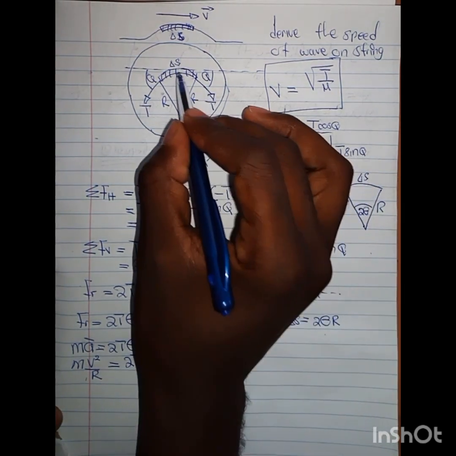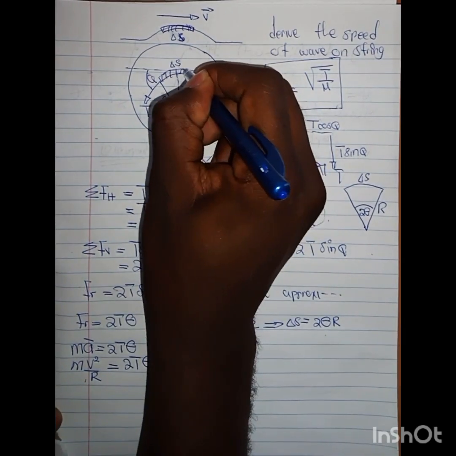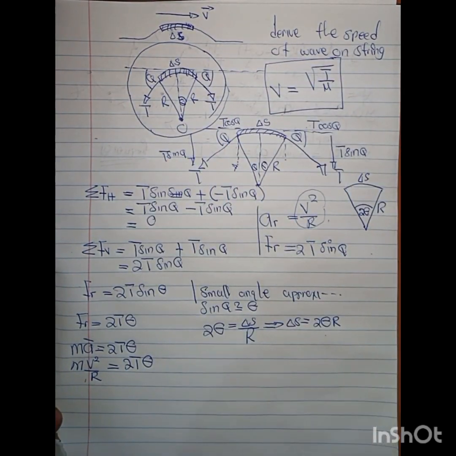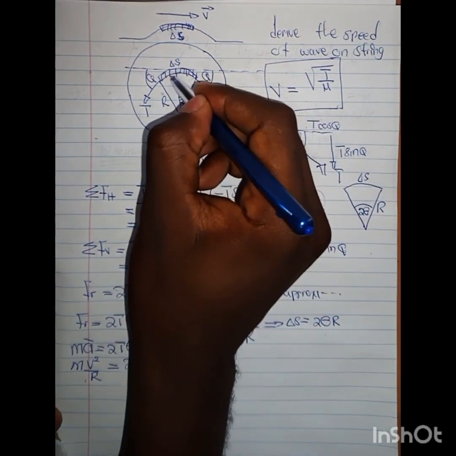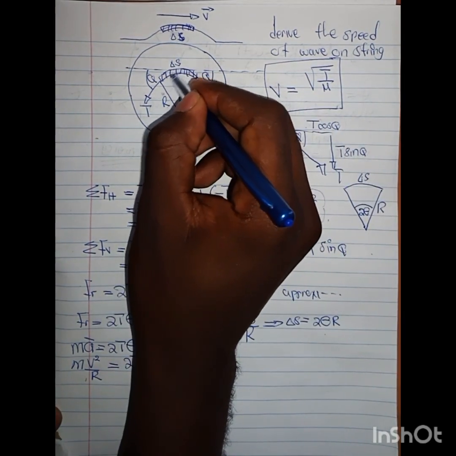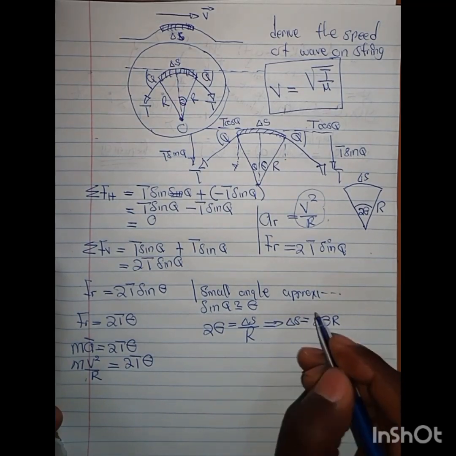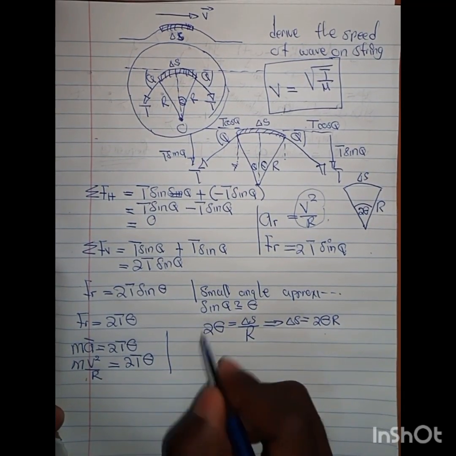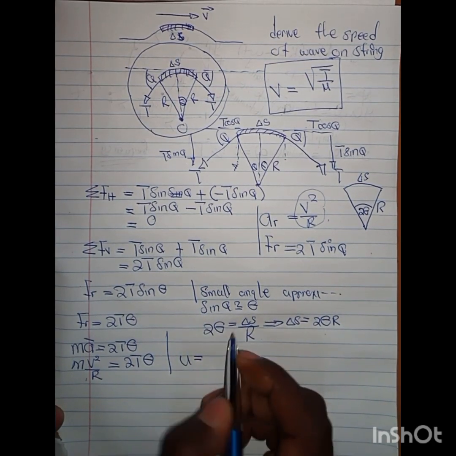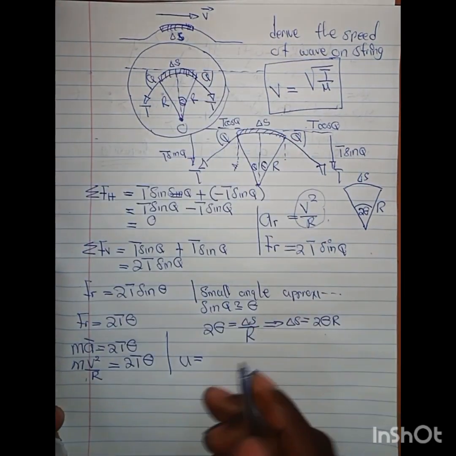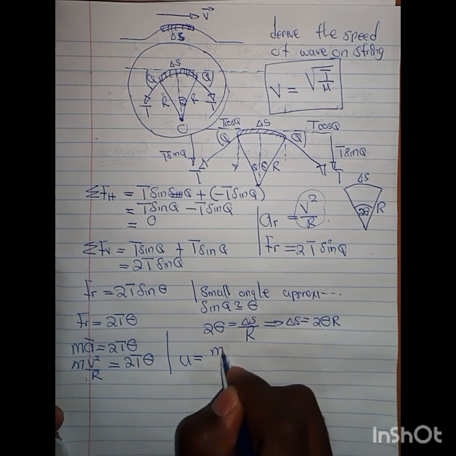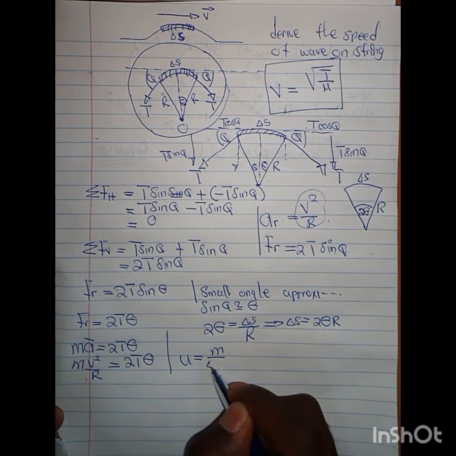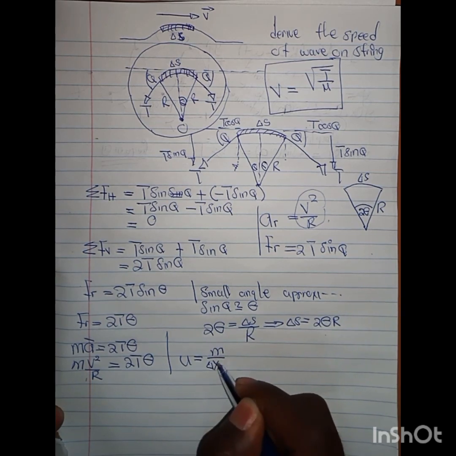This is a very small element, so we have to find its mass per unit length. How can we find the mass per unit length? The mass per unit length is given by mu. Mu is equal to the mass of this object per unit length. So the length is given by ds, it's the s, not the x.